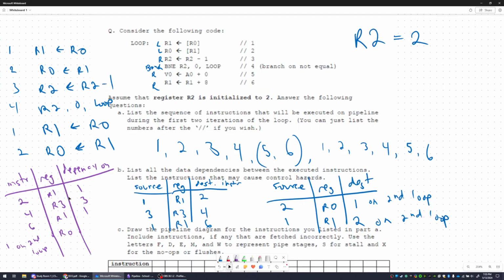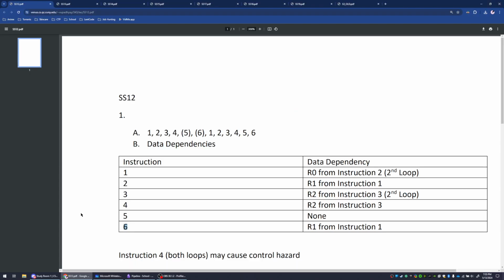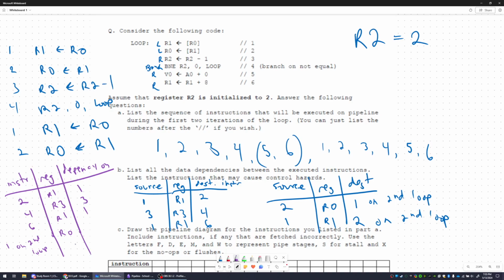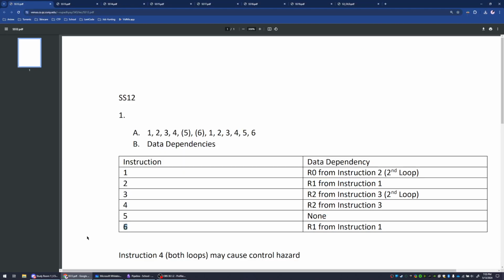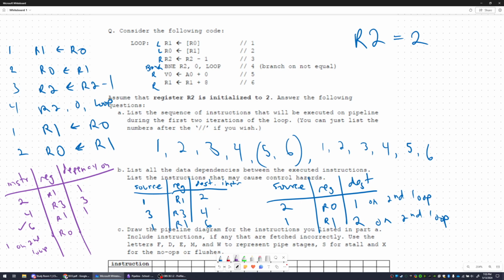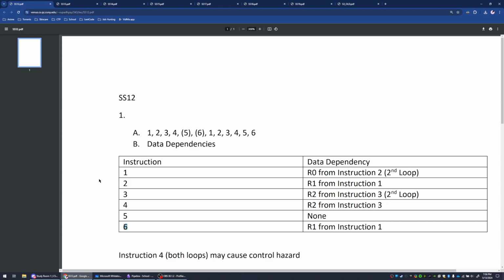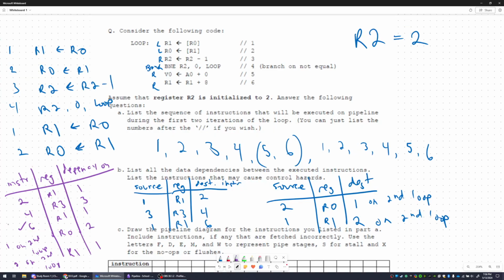Line 6 has a dependency on R1 instruction 1. 5 doesn't have it, right? And then R2 on instruction 3.